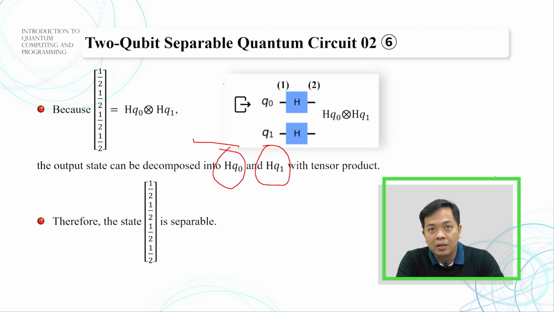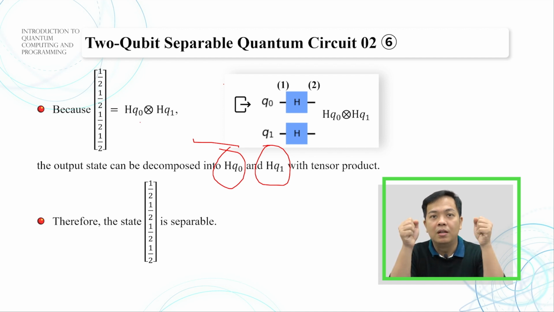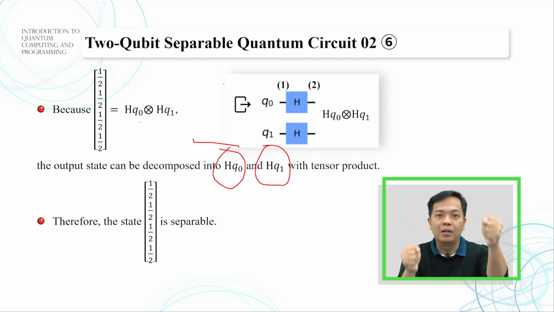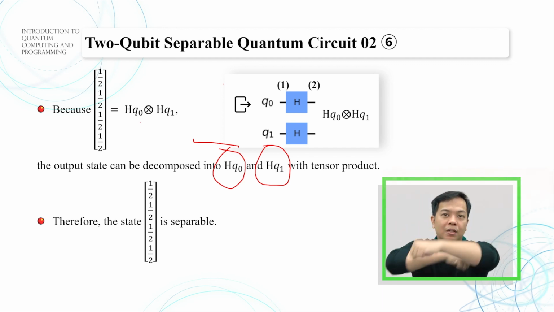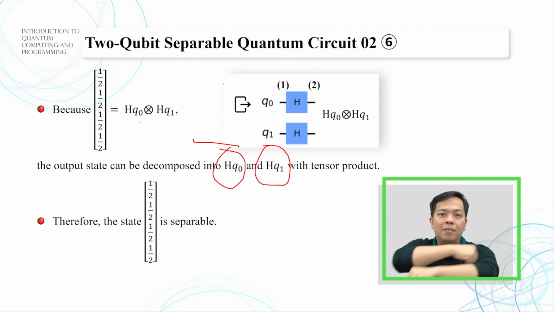So that means we can separate them in a two-qubit state. This is the fundamental way you can make sure each qubit is independent when it runs around the sphere, so they never meet each other. So that is separable.